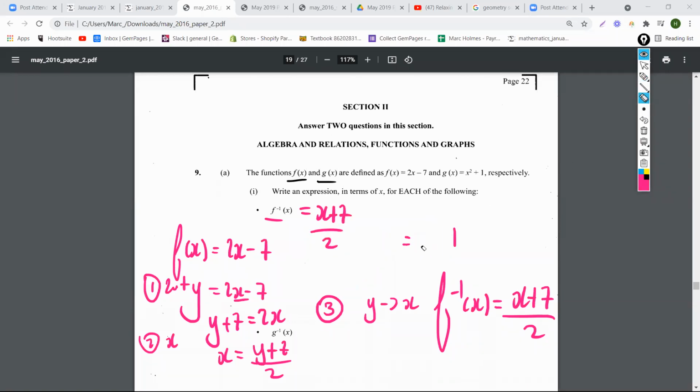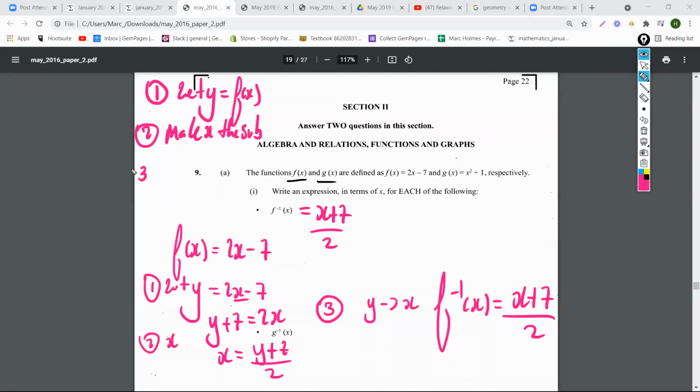Cool, so that one was pretty easy, the first part to find the inverse. So remember, guys, the steps to find the inverse. The first step is let y be equal to the equation f of x. The second one is make x the subject. And after you make x the subject, you change the y to an x.